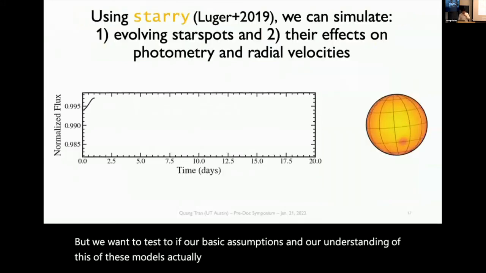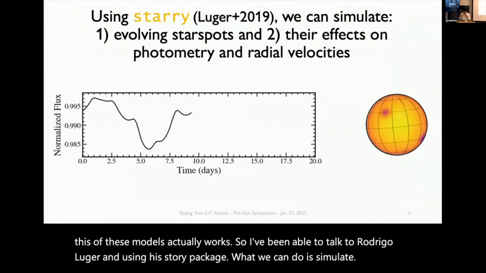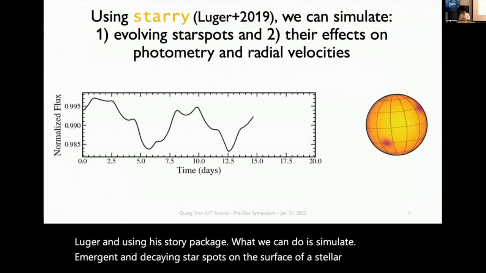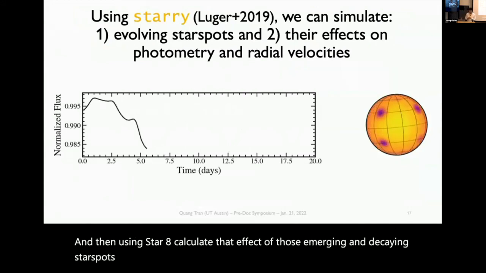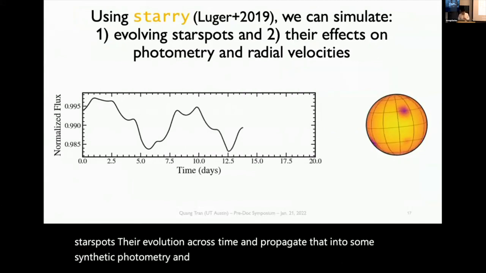So I've been able to talk to Rodrigo Luger, and using his starry package, what we can do is simulate emerging and decaying star spots on a stellar surface map. And then using starry, calculate the effect of those emerging and decaying star spots, their evolution across time, and propagate that into some synthetic photometry and radial velocity curves.